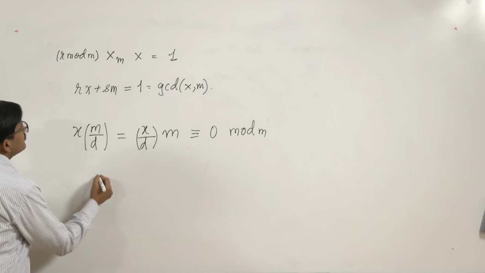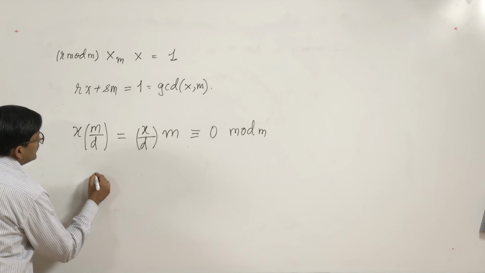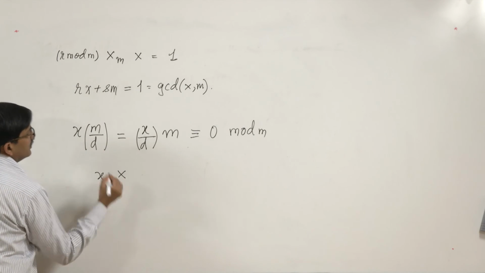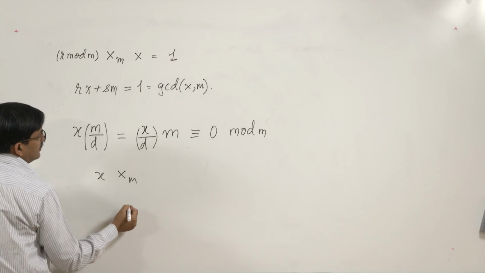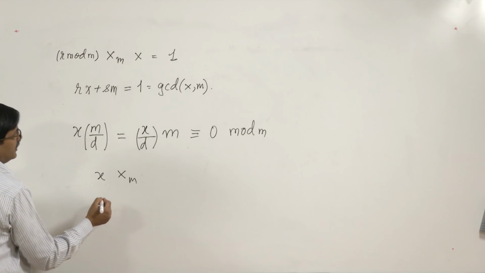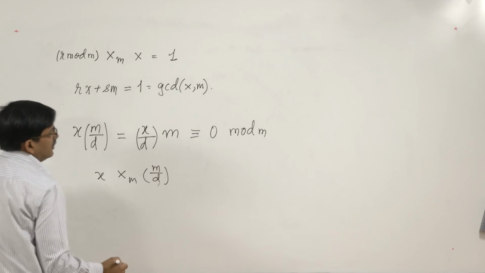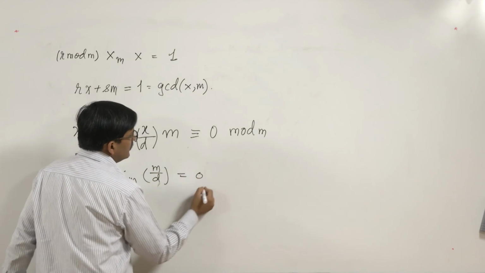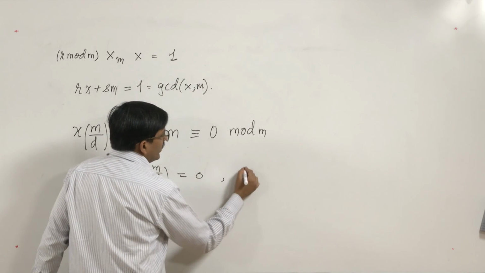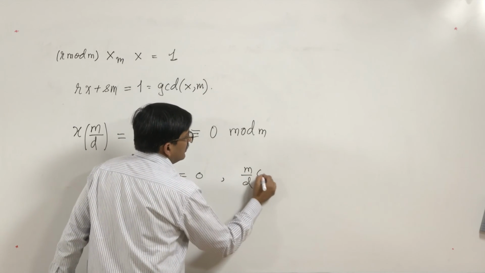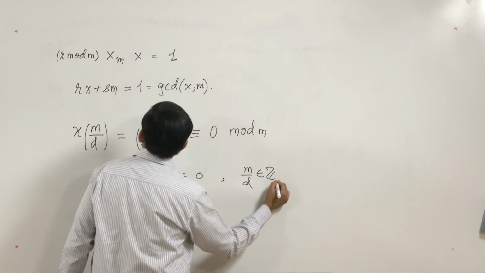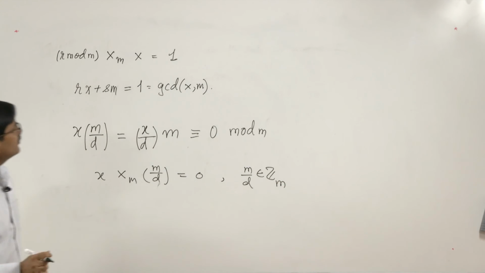Therefore, we can say that x multiplication modulo m by d is equal to 0, where m by d is inside Z sub m, of course.